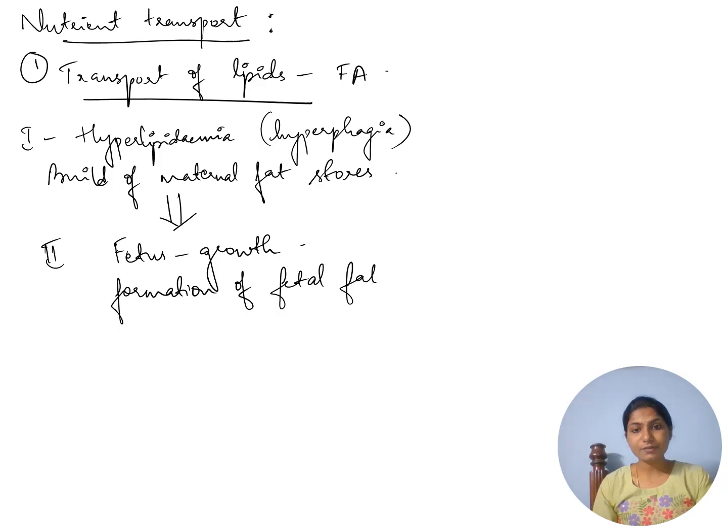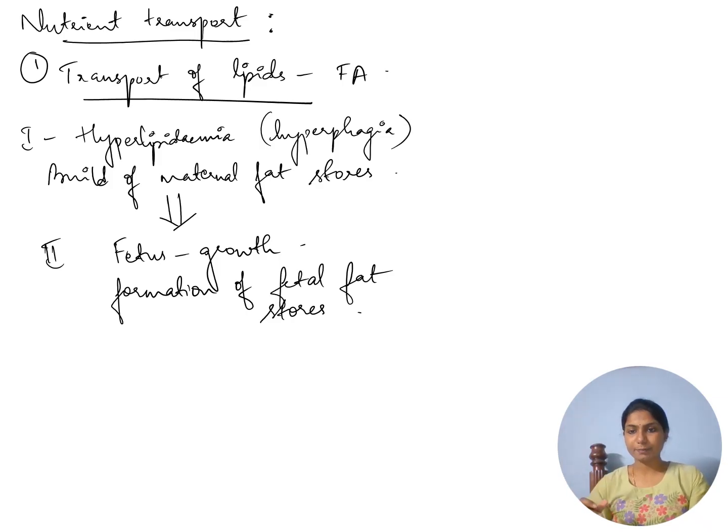The fetus also has to have its own stores for its usage. So in the first half of the pregnancy, the mother has hyperphagia, which results in the hyperlipidemia of pregnancy, and there is deposition of fat in the mother. That is why maternal fat stores are building up.